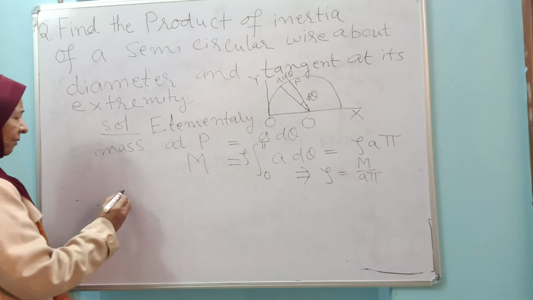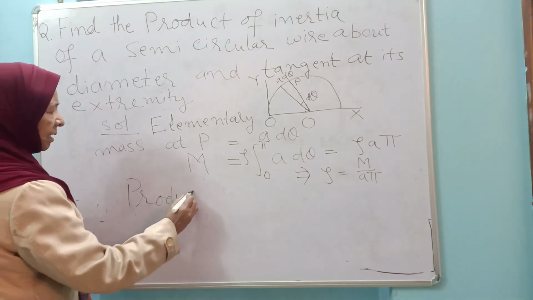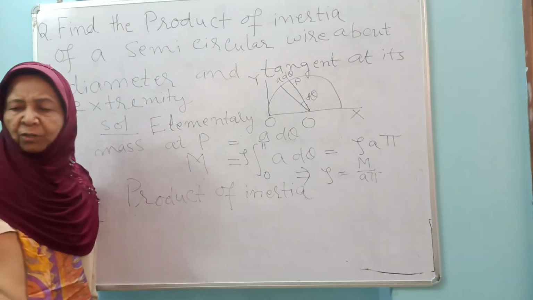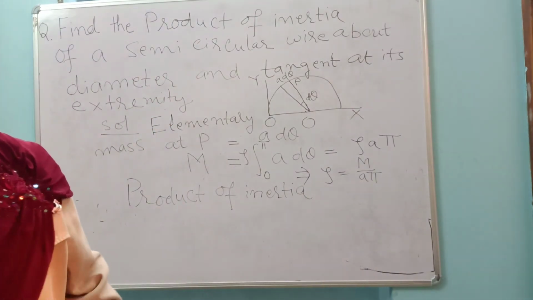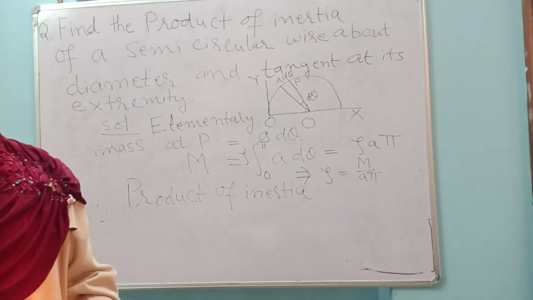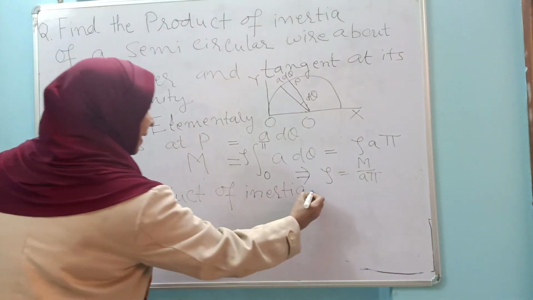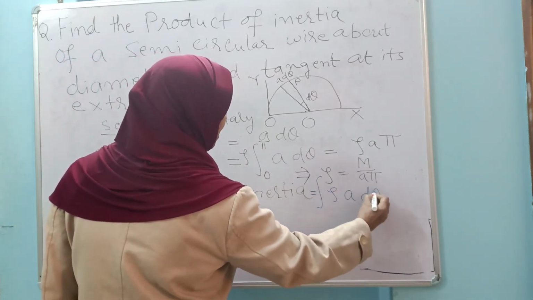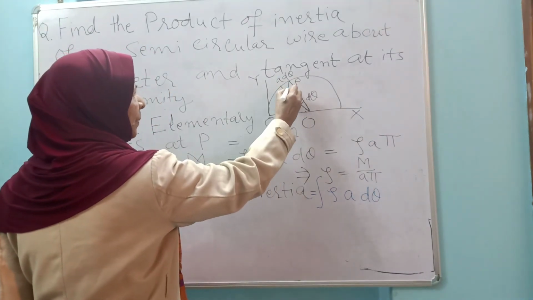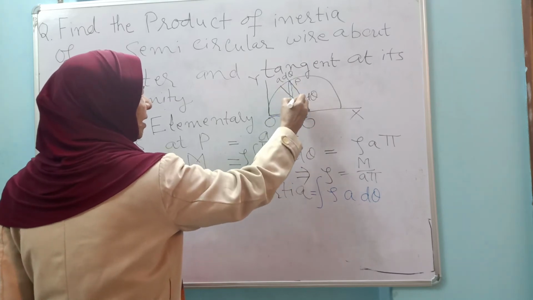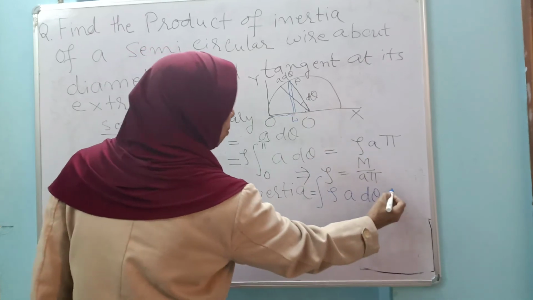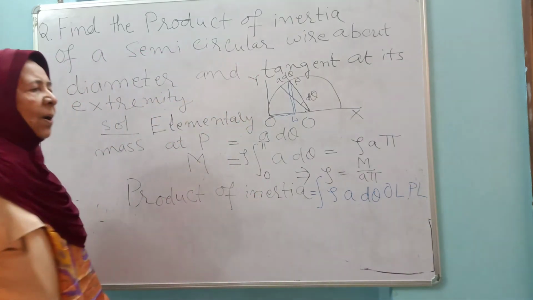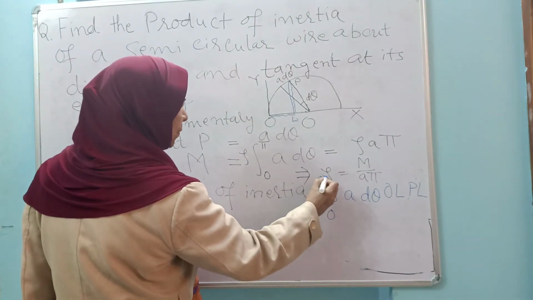Now the next step, we have to find the product of inertia. It is summation mxy, which means the integral of rho a d theta and then the x coordinate and y coordinate of this P. If the foot of the perpendicular is L, it will be OL and PL, and the integral varies from 0 to pi.